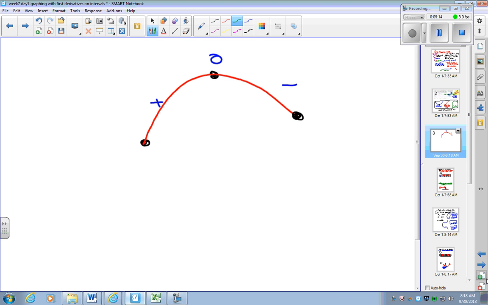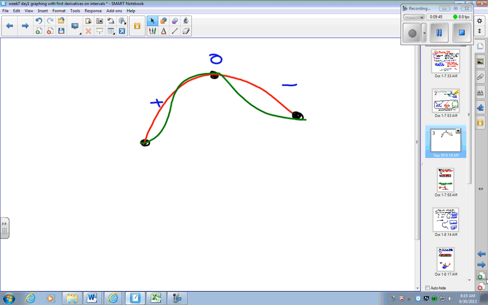But I could also draw up, flat, down. Those still satisfy the first derivative part, but it bends differently. So my goal for you guys as a human calculator is not only knowing how to plot points and then how to figure out slope, but then also to figure out how it bends. Okay? So we will talk about that.